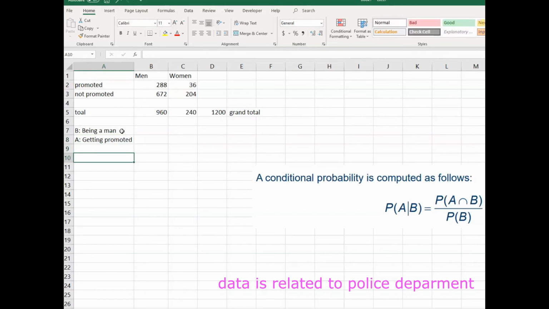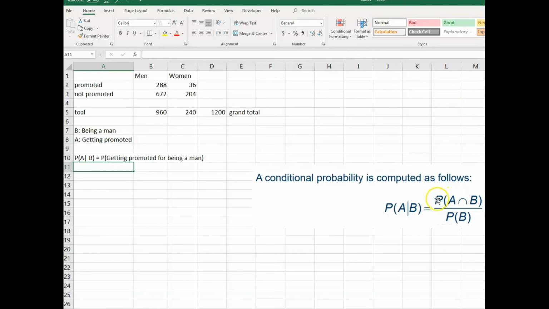We want to calculate the probability of A given B. So this equals the probability of getting promoted for being a man. This is conditional probability. You are a man, so what is the probability of getting promoted? It is a ratio.